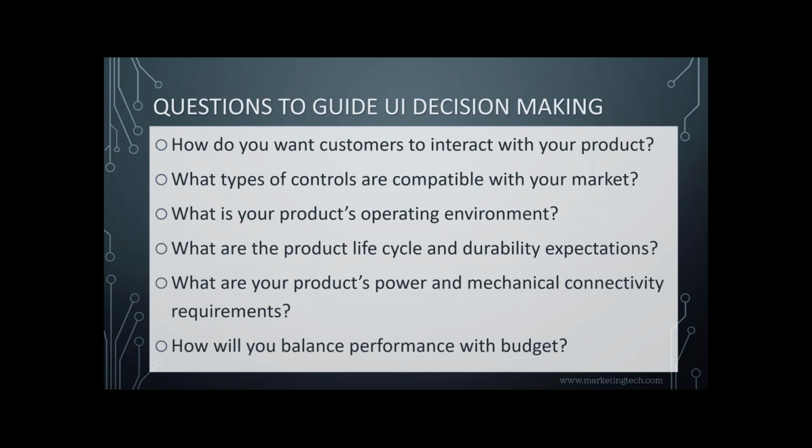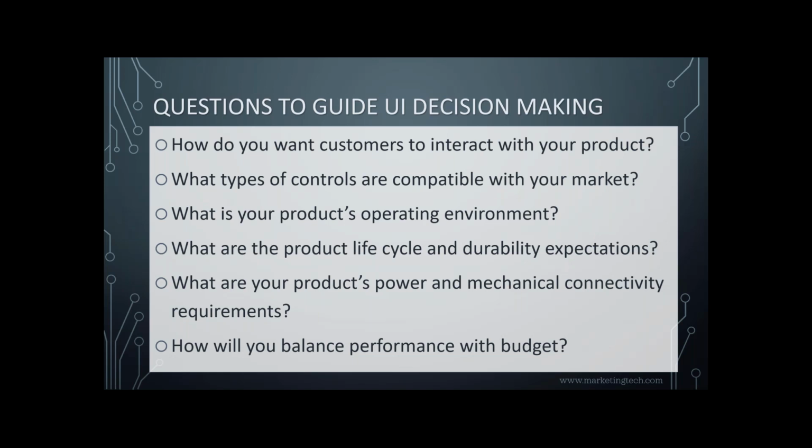The product lifecycle and durability expectations. Many consumer products, toys, for example, don't have a high expectation on life cycle. The button on a doll, for example, may realistically only have to work 5 times before the value of that product is achieved. But there are also critical devices out there where product life cycle is important.